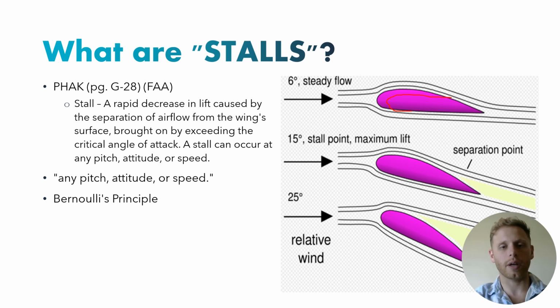So keep in mind Bernoulli's principle when it comes to a stall. You have this wing right here, and air is flowing nicely over it, creating that low pressure. Air flowing faster is going to create lower pressure, high pressure on the bottom, and the forces make it go up. On the second wing, air is still flowing over it, but you can see it's getting separated from the airfoil.